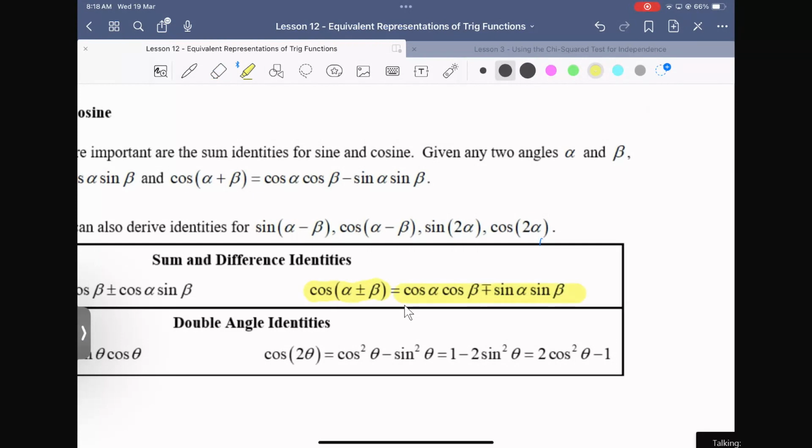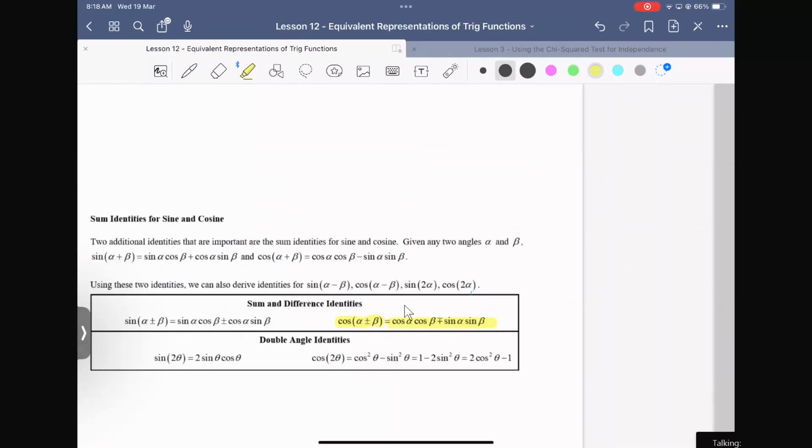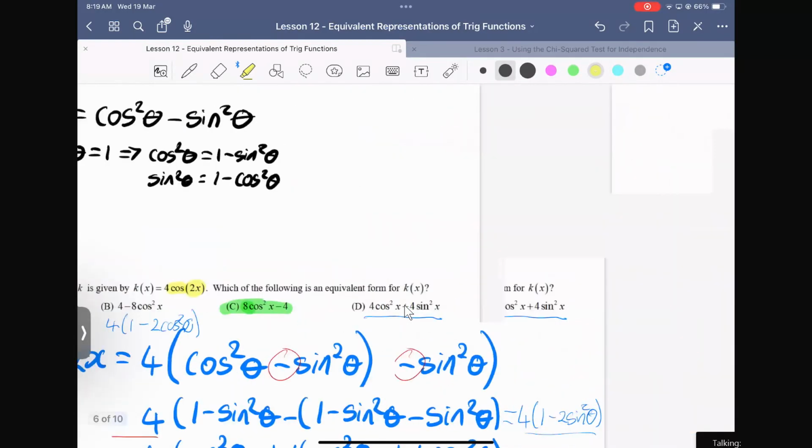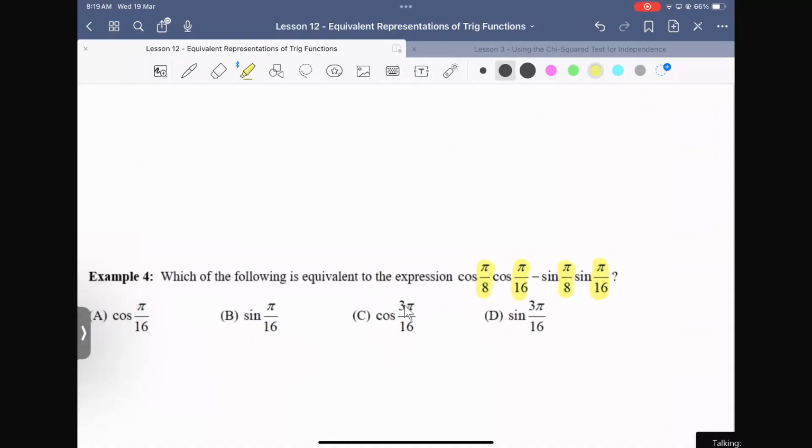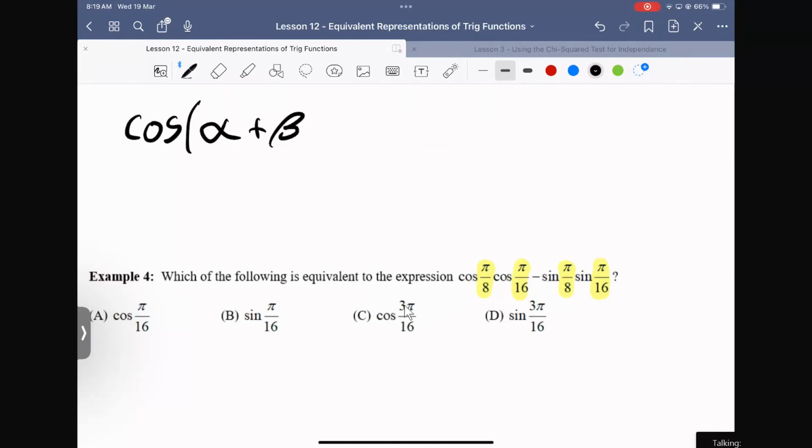Notice how the pluses and minuses are different. So we are going to use the formula: the cosine of alpha plus beta is equal to cosine alpha cosine beta minus sine alpha sine beta.